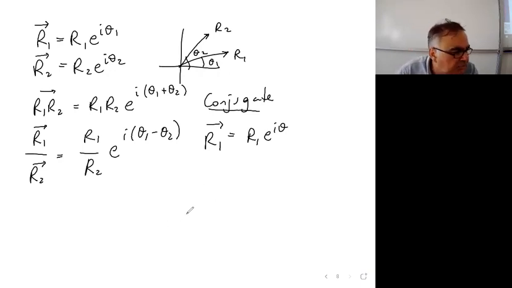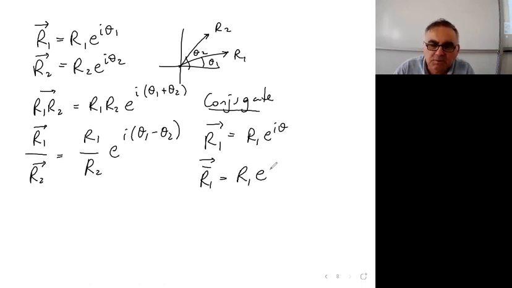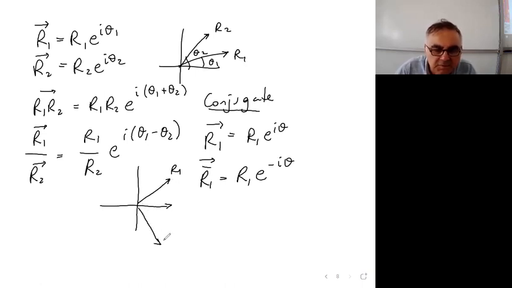The conjugate of this vector R1, let's say vector conjugate, is simply R1 e to the minus i theta, which means in the complex plane, if this is R1, R1 conjugate will be something like this.